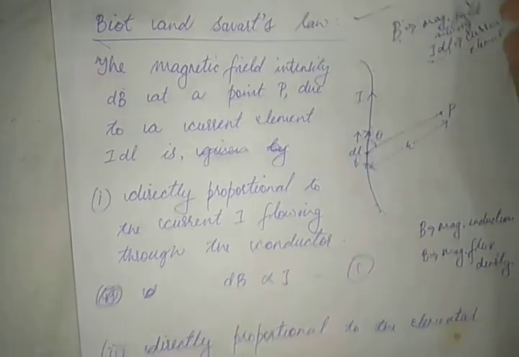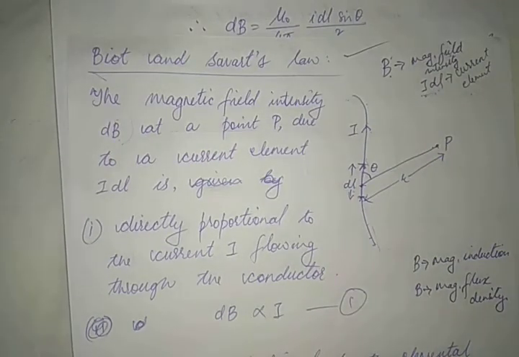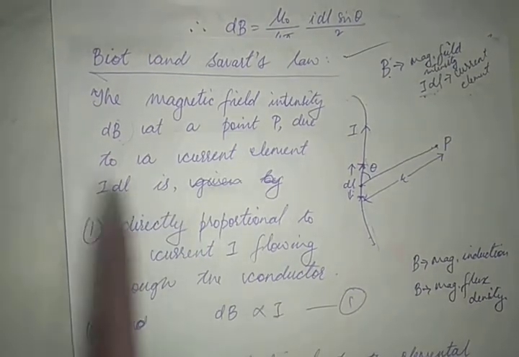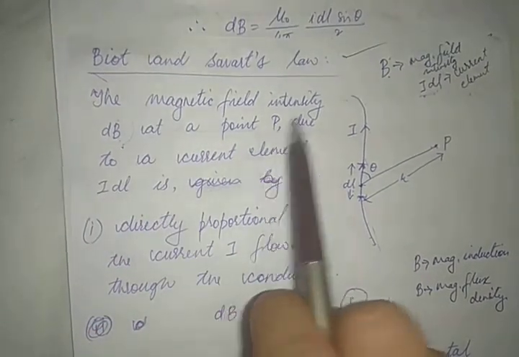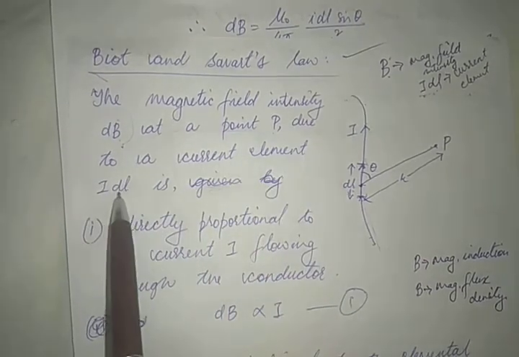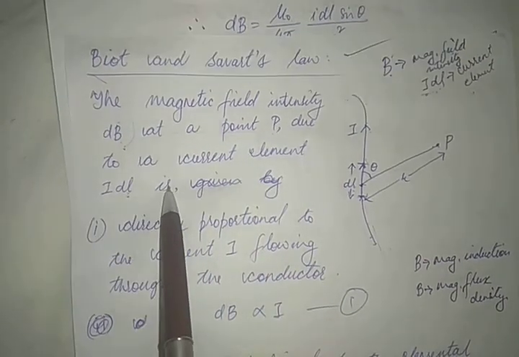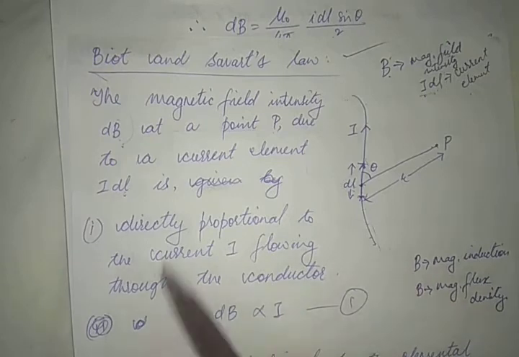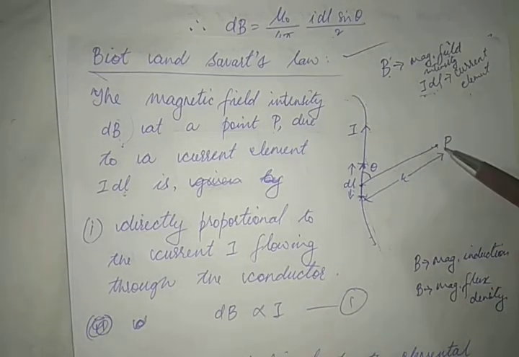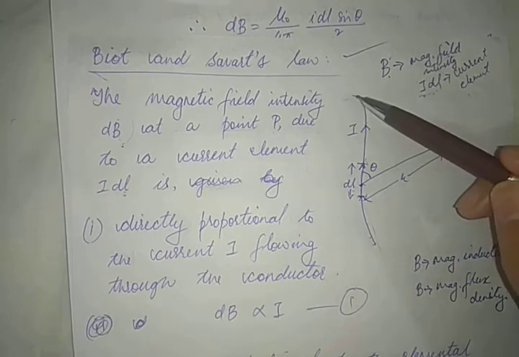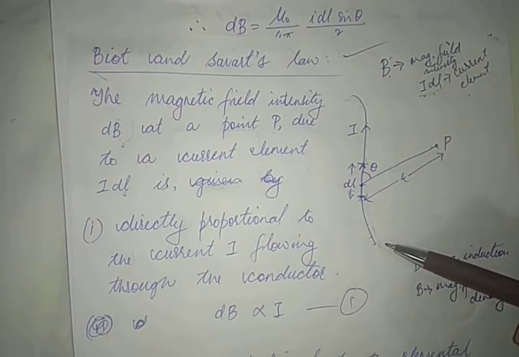But for now, let us stick to magnetic field intensity. So Biot and Savart's law tells us the magnetic field intensity dB at a point P due to the current carrying elemental length Idl is: before we proceed, B is the magnetic field intensity at a certain point due to current flowing through the whole wire.